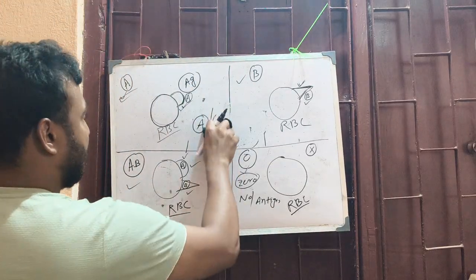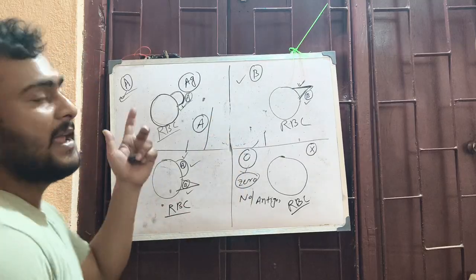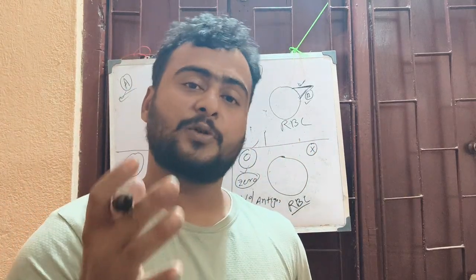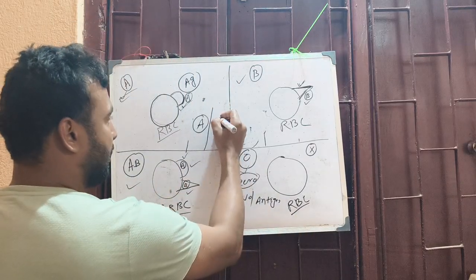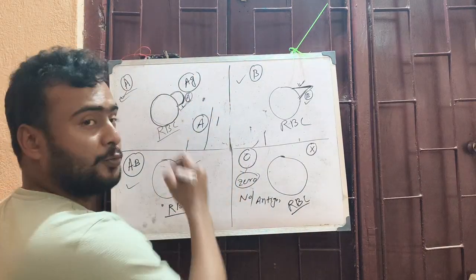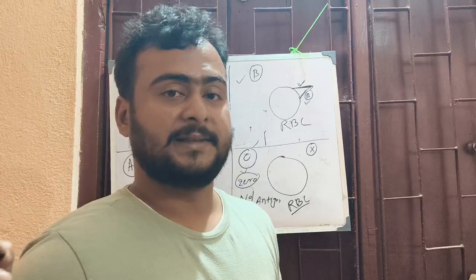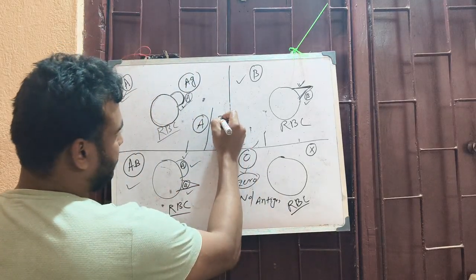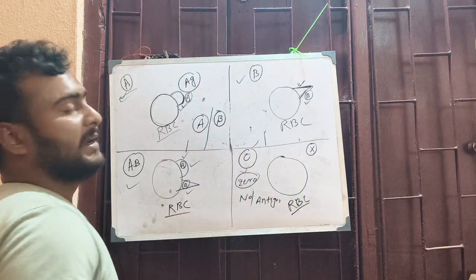That's why in the A blood group, the plasma has an antibody non-similar to the A antigen, the opposite kind: the B antibody.